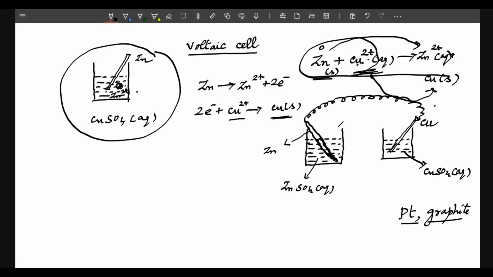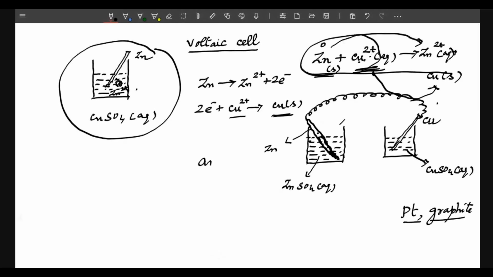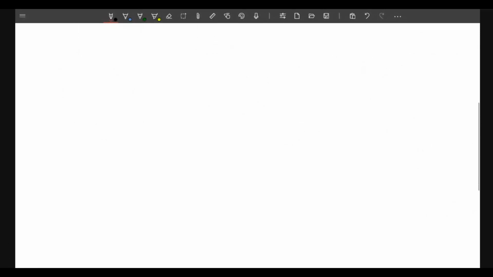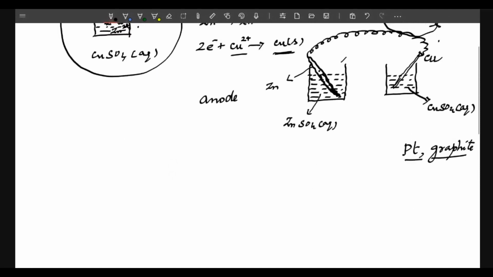And this electrode, from which electrons are passing, is generally called the anode. The anode is also said to be the electrode which is undergoing oxidation, because oxidation takes place, the electrons are released and transferred to the other one. And this electrode we call the negative electrode.